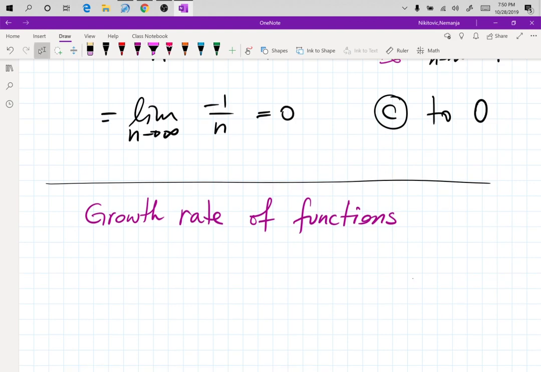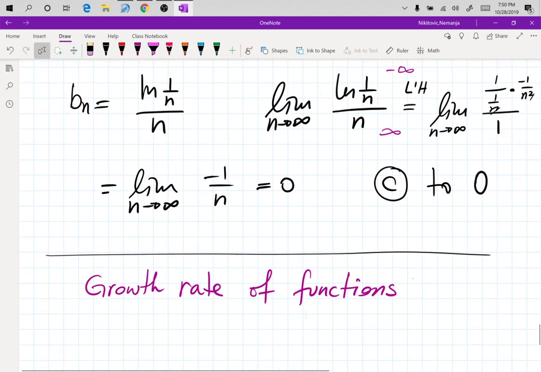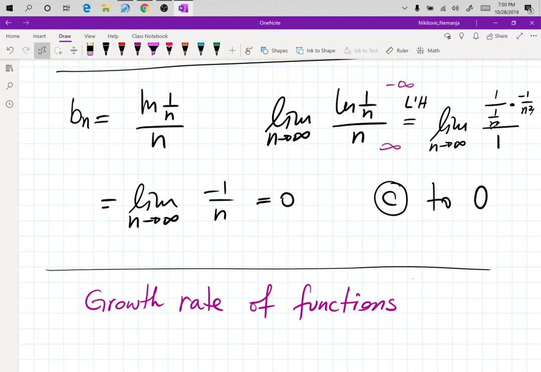Because if you have a limit that goes to infinity, just like this problem here, where you have two functions from different families of functions, this belongs to log functions, this belongs to polynomials, okay? It is very easy to deal with limits when they belong to different families.